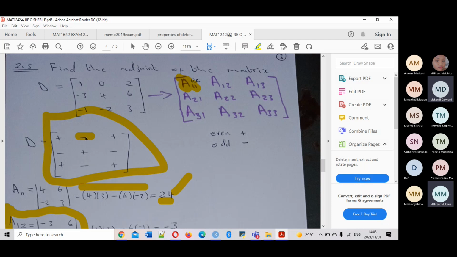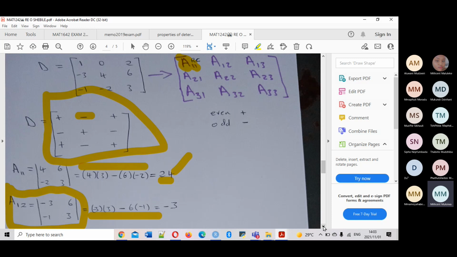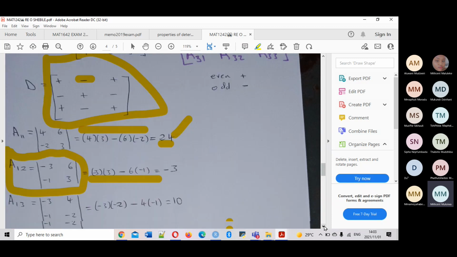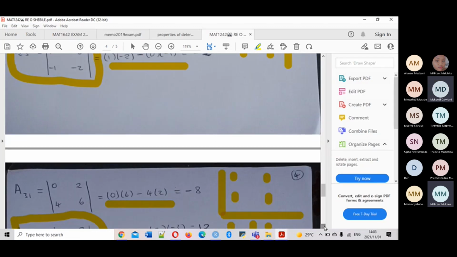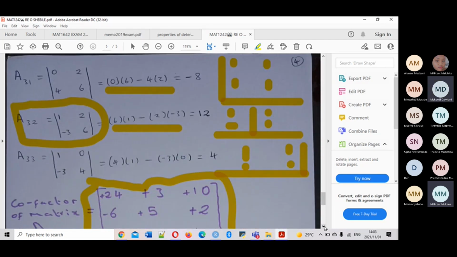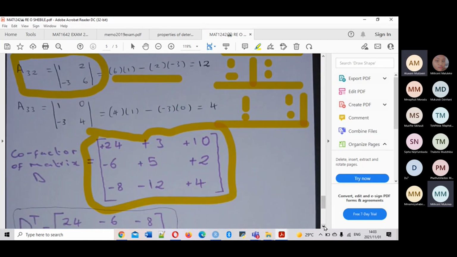The determinant of A12, you're going to multiply it with the negative, and you got what? Positive. That's what you have to do, and you must multiply others with their corresponding sign. That's how you find the cofactor of a matrix.